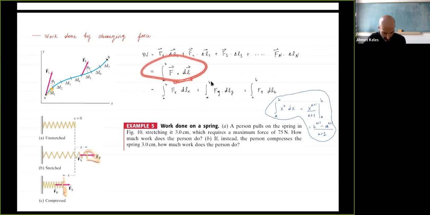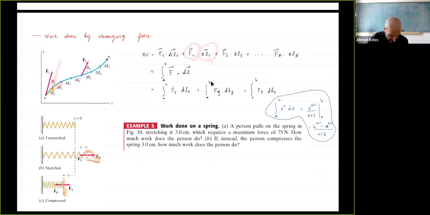Yes. So I said, okay, let me calculate the work done for each little piece. For example, the work done for this little piece is this one, because F is approximately constant for this little time. That's why I have F1 times delta L1. For a little bit later time, I have another force here, which is F2, and there's a little bit of displacement, which is delta L2.